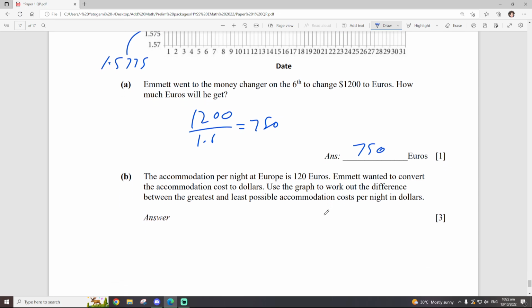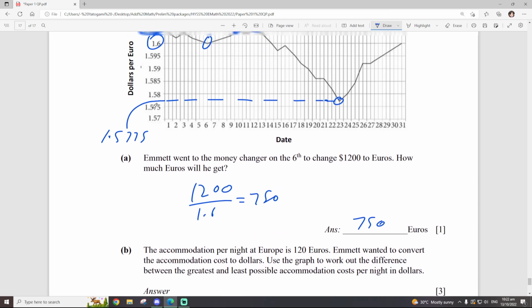I have 120 euros. So to get dollars, I need to take the euros times these exchange rates.